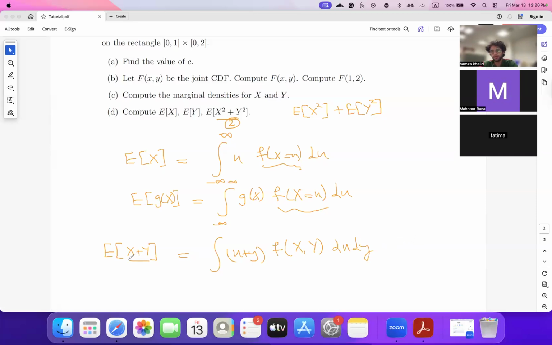So whatever I have here, I just translate it inside my integral. If I have two random variables, then I have to use the joint PDF. I can't use a single PDF, because then I have to integrate it at all the values and then add them up. Is that point clear?